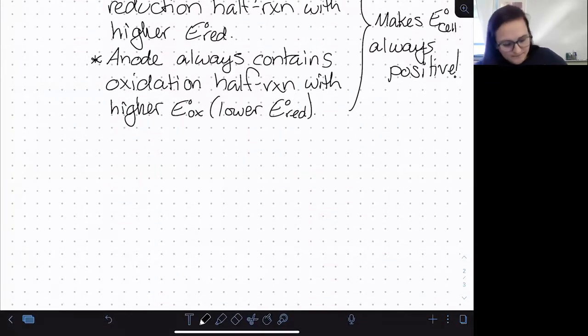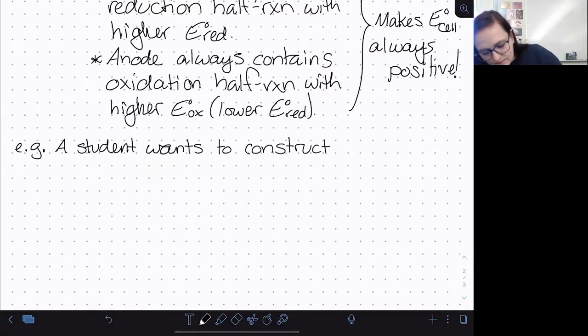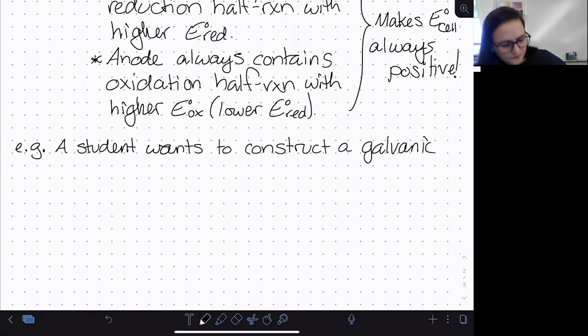So let's say a student wants to construct a galvanic cell. And they have the following materials available.